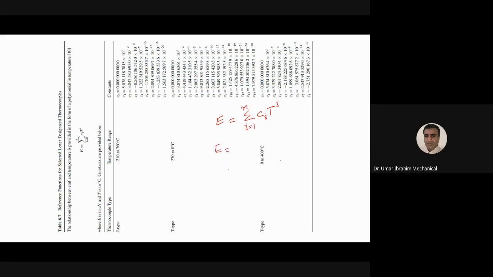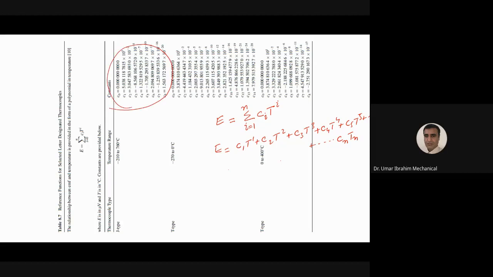Or if I expand this summation sign, it becomes C1 T1 plus C2 T2 plus C3 T3 plus C4 T4 plus C5 T5, and so on up to Cn Tn.